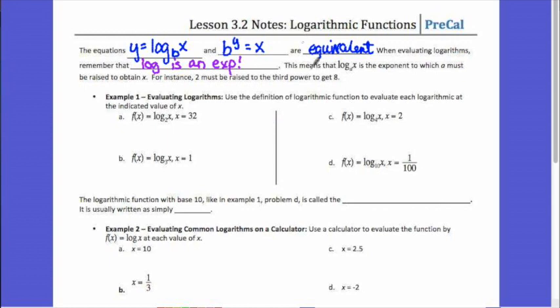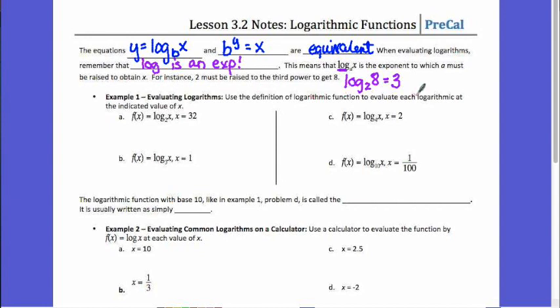Log base a of x is the exponent to which a must be raised in order to obtain x. Remember, if you see this, you say, to what exponent do I raise a to get x? For instance, 2 must be raised to the third power to get 8, so the log base 2 of 8 would equal 3, because 2 to the third is 8.